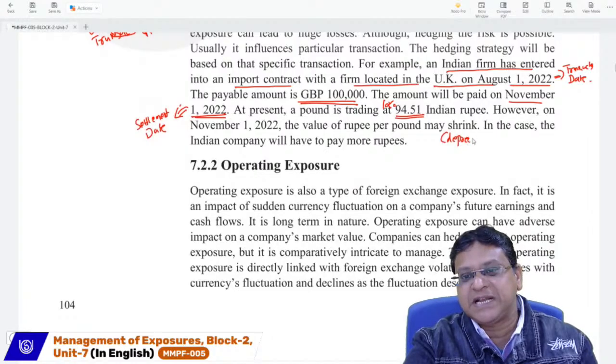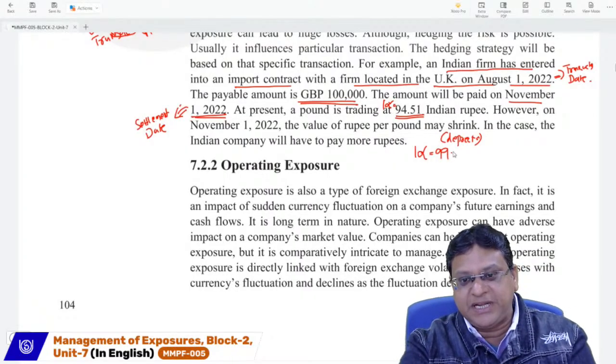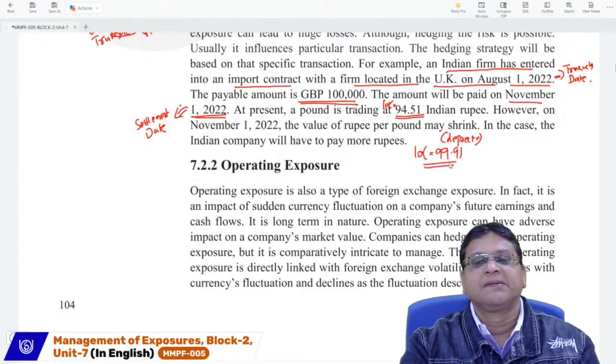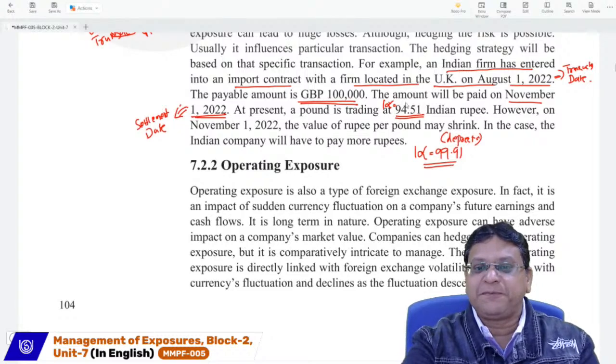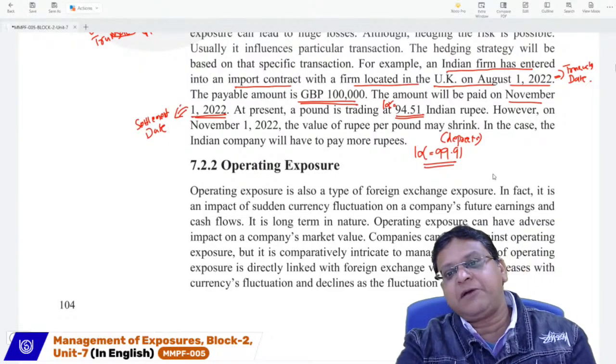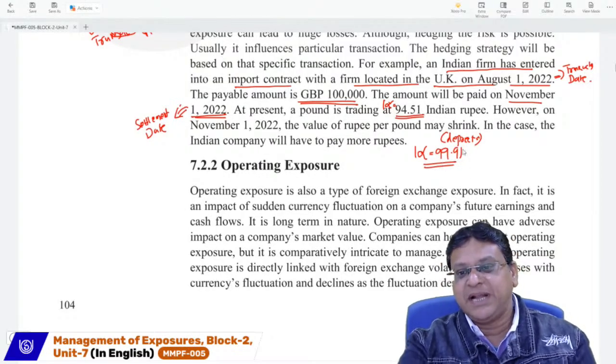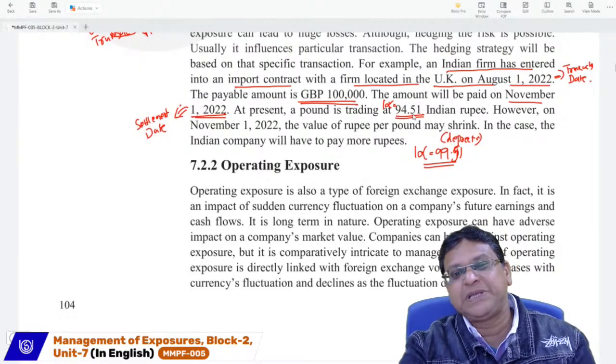If the rupee depreciates and 1 pound becomes equal to 99.91. On the day of transaction, the pound was 94.51. On the day of settlement, the pound becomes 99.91. That means there are 5 rupees extra you have to pay per pound.